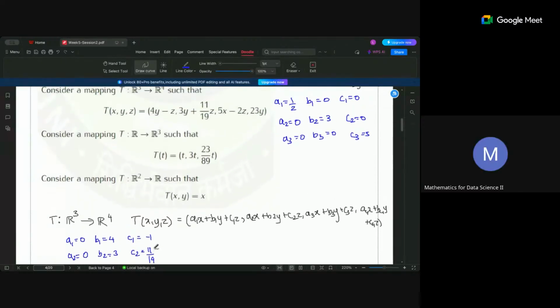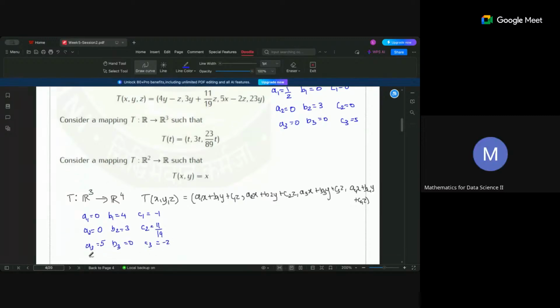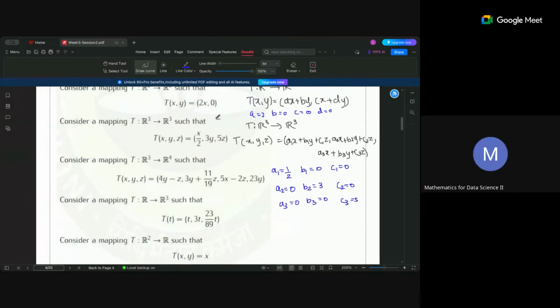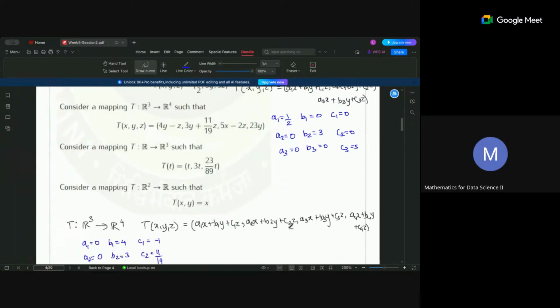Then A3 is 5, B3 is 0, C3 is minus 2, and A4 is 0, B4 is 23, and C4 is 0. So you can see that each of these is satisfying this kind of format, and you are able to predict the format.